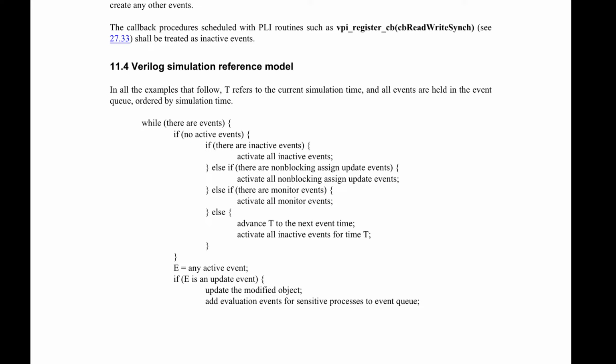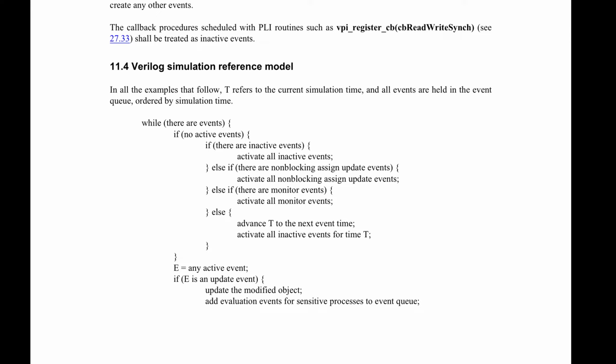If there are no active events, then we ask, are there any inactive events? If there are inactive events, then we transfer all inactive events to the active event queue and repeat. If there are no active events and no inactive events, but if there are non-blocking events, then we transfer all those non-blocking events to the active queue and then repeat, go back to the start.